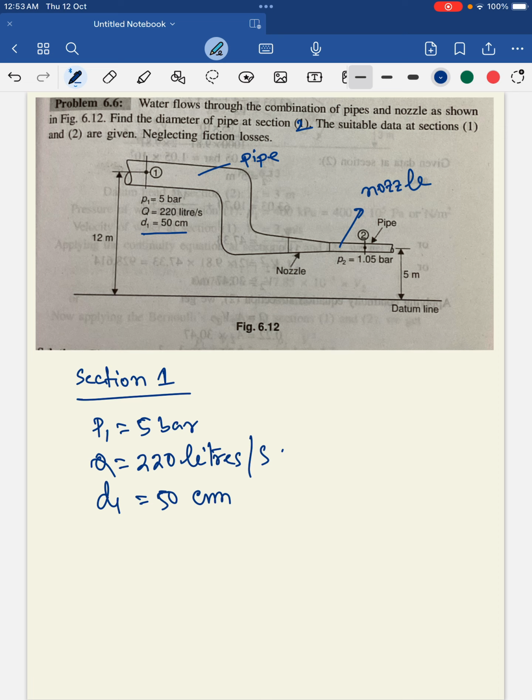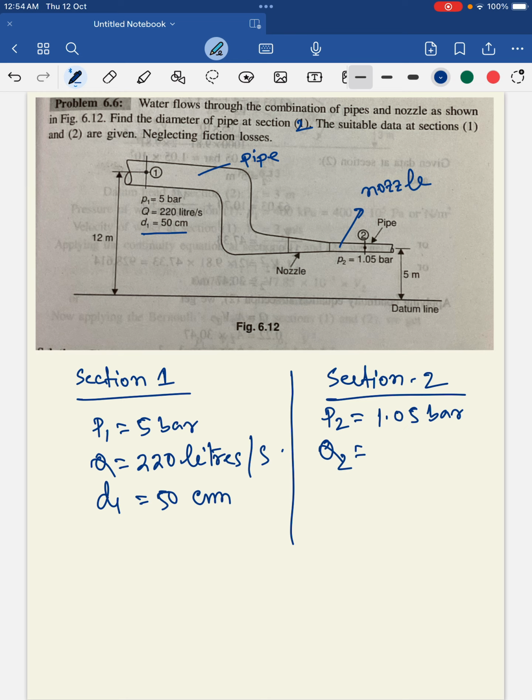In section 2, only P2 is given, P2 is 1.05 bar. Q2 is not given, and D2 is not given.